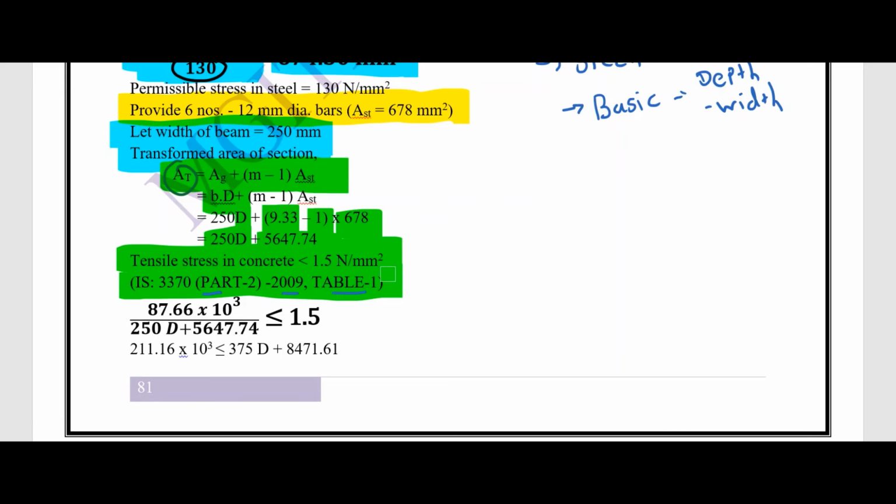Now we have the equation: AT divided by AG plus (M minus 1) into AST is equal to the tensile stress.